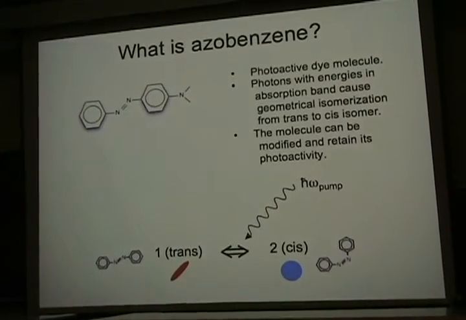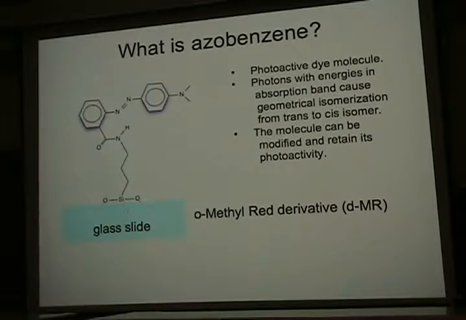You can attach things to this molecule, and it doesn't really change that basic fact too much. This is good because then you can attach it to a glass slide like we've done here. This was developed by the Wall group, and I just do the last step of this chemistry to get a monolayer surface of these dye molecules for study.